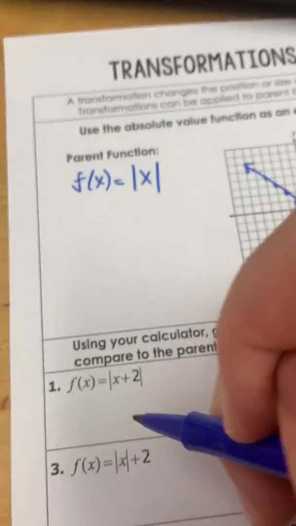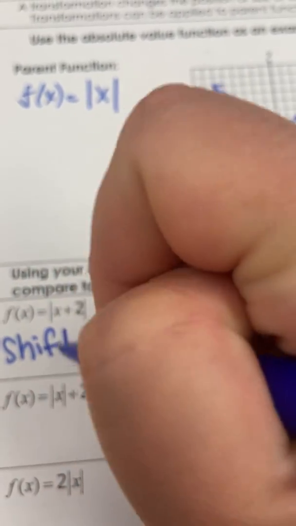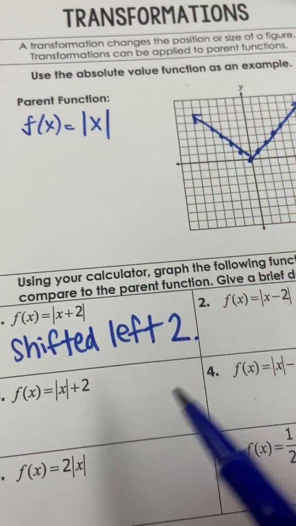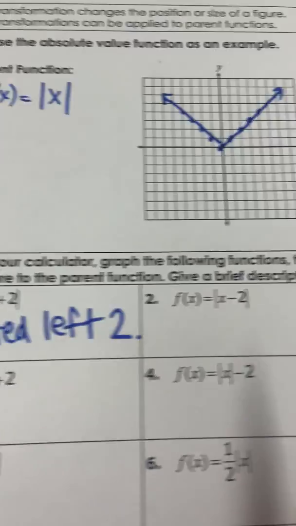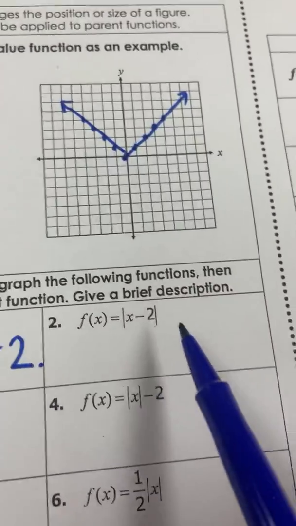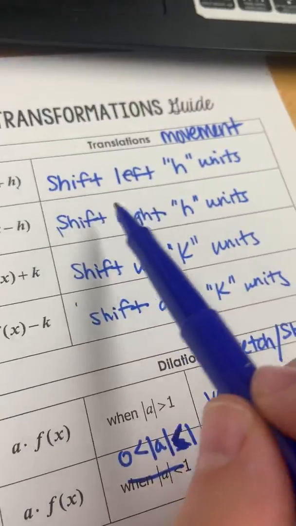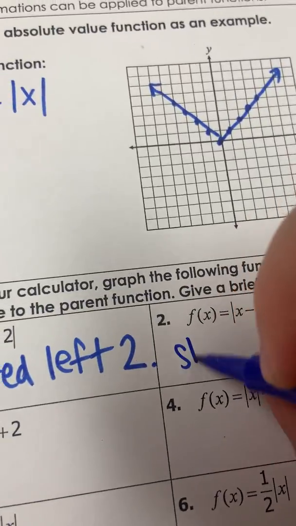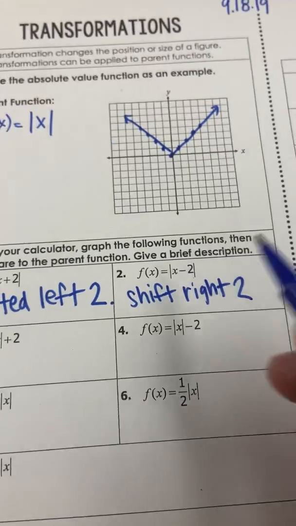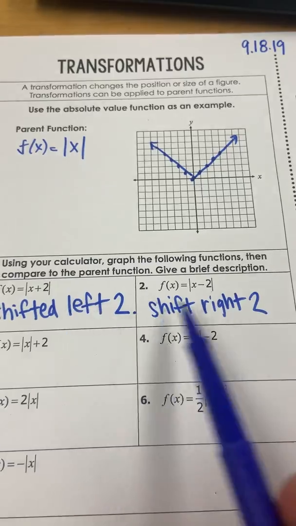So you could put shifted left 2 units, or shifted left 2. And it's left because of the plus sign. Over here, because it's negative, it's different from this one. Remember, counterintuitive, just like these rules right here, shifted right 2.